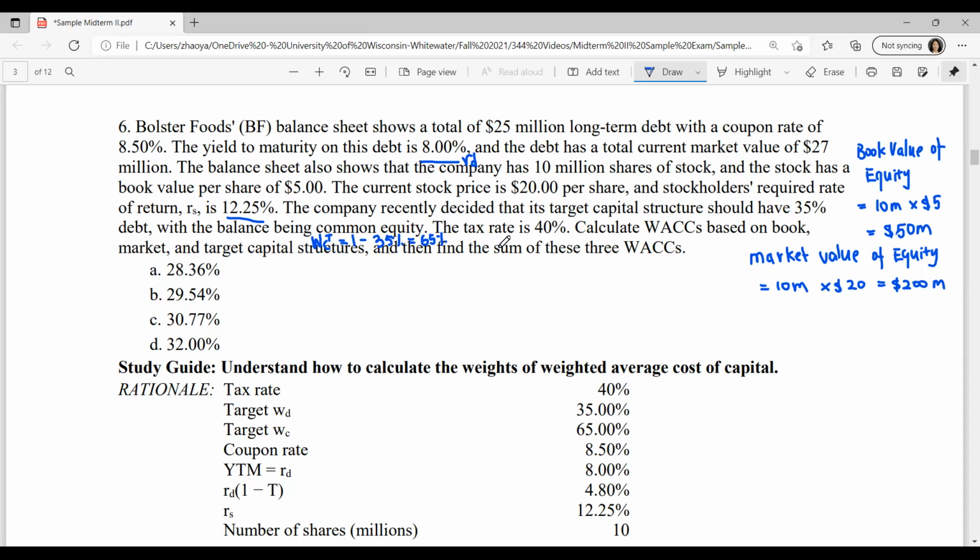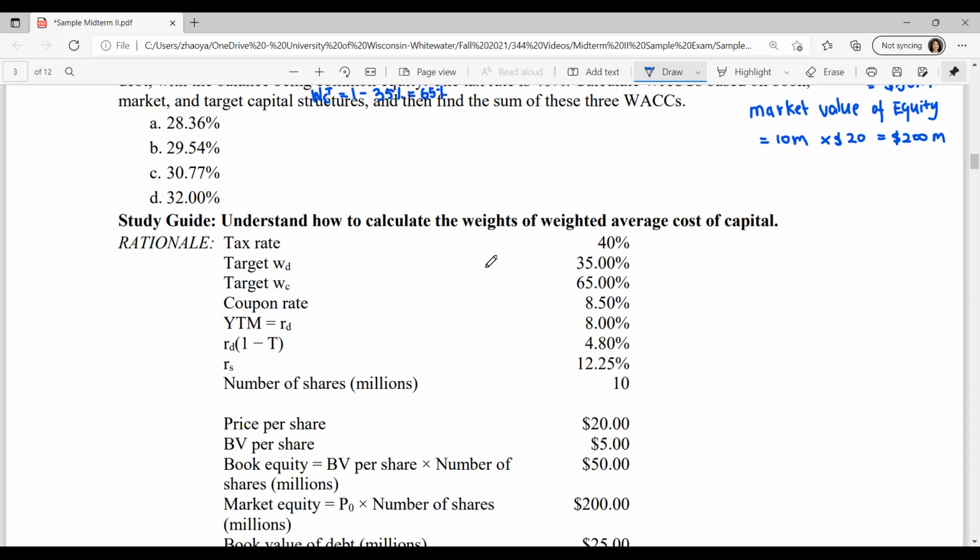This one is a practice to help you get familiar with the calculation of weighted average cost of capital using book capital structure, market capital structure, and target capital structure. So we know tax rate is 40%. Target weight of debt is 35%. Target weight of common stock, as I said, is 65%. We do not use coupon rate.